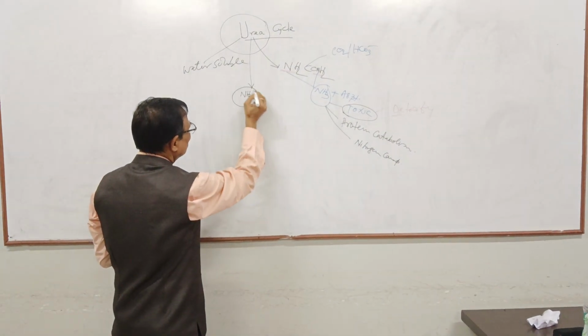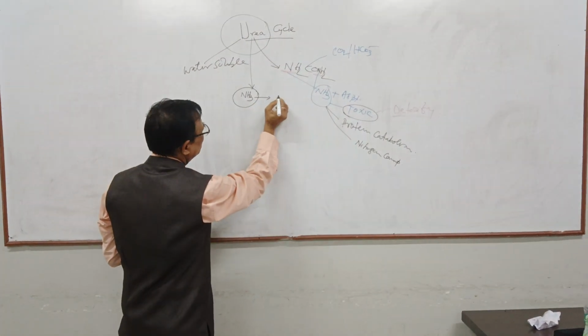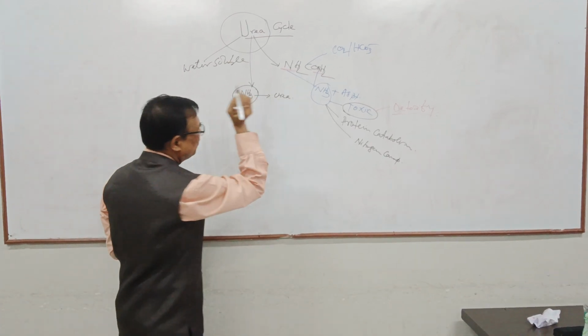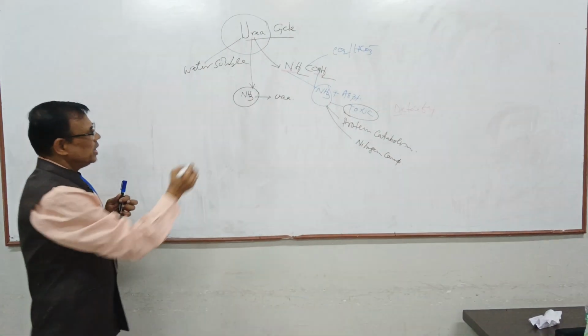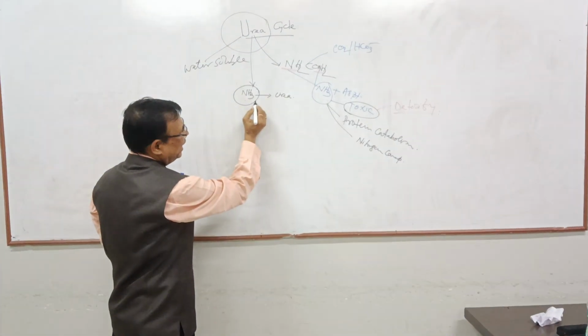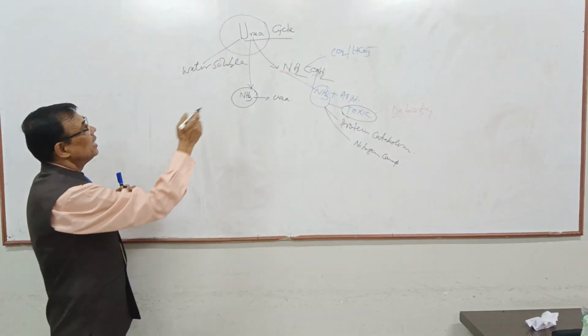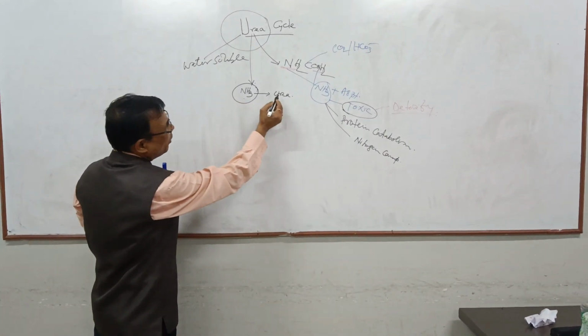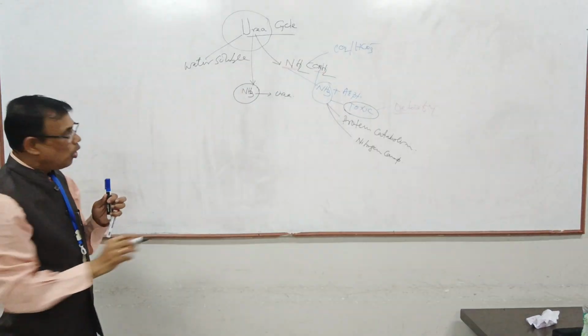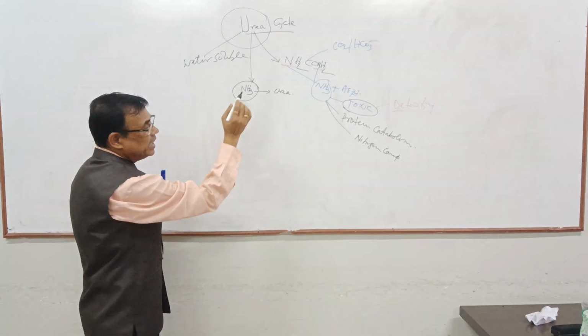Ammonia is converted into urea. That's why it is known as the urea cycle, or you can think of it as removal of ammonia, or detoxification of ammonia.